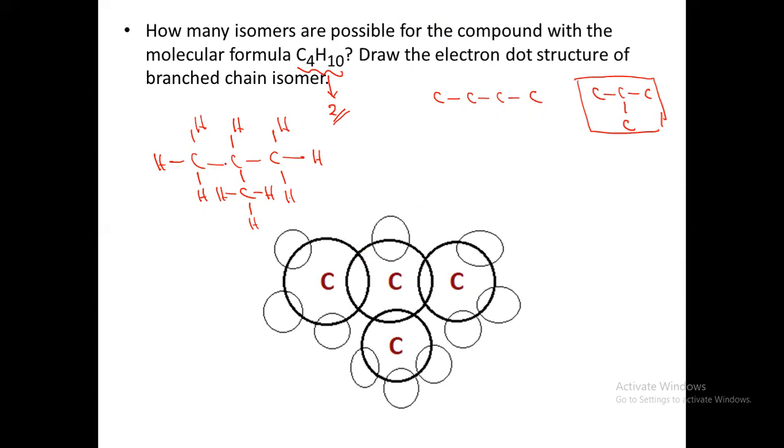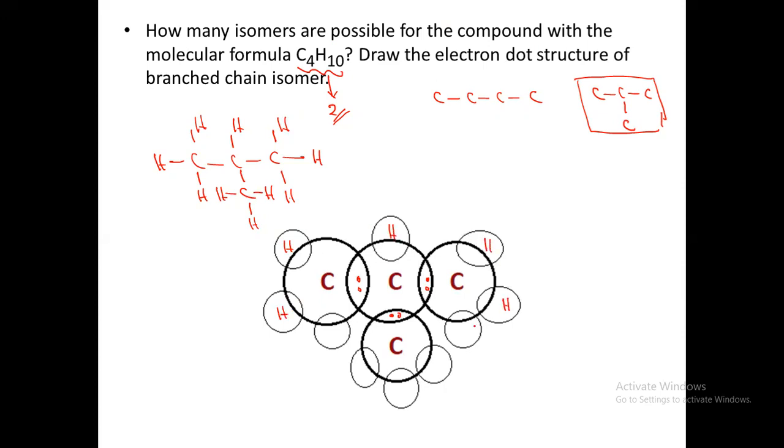It's very clear that all the carbons are connected with single bonds, so just put one pair. This is a C-C bond, and down here also one C-C bond. Now all hydrogen always forms a single bond, so you can put one pair between carbon and hydrogen.